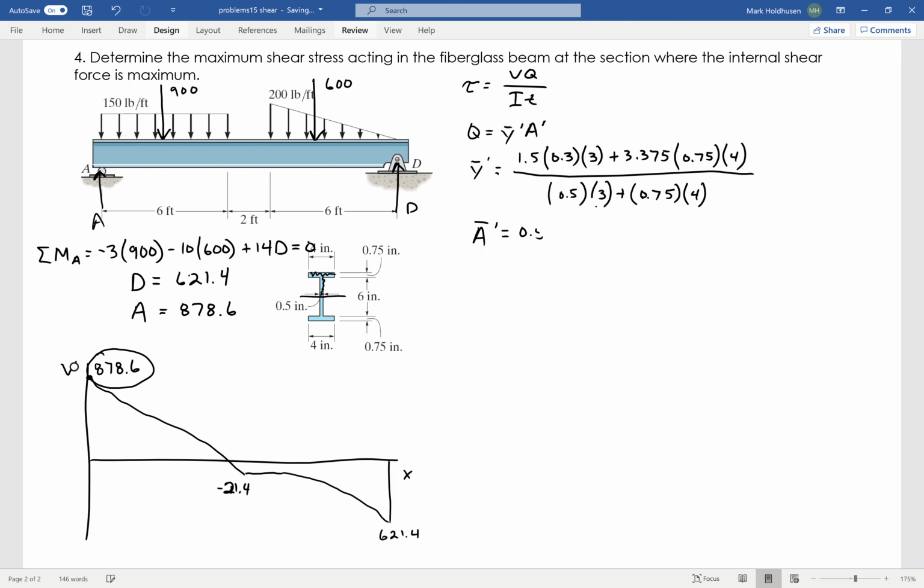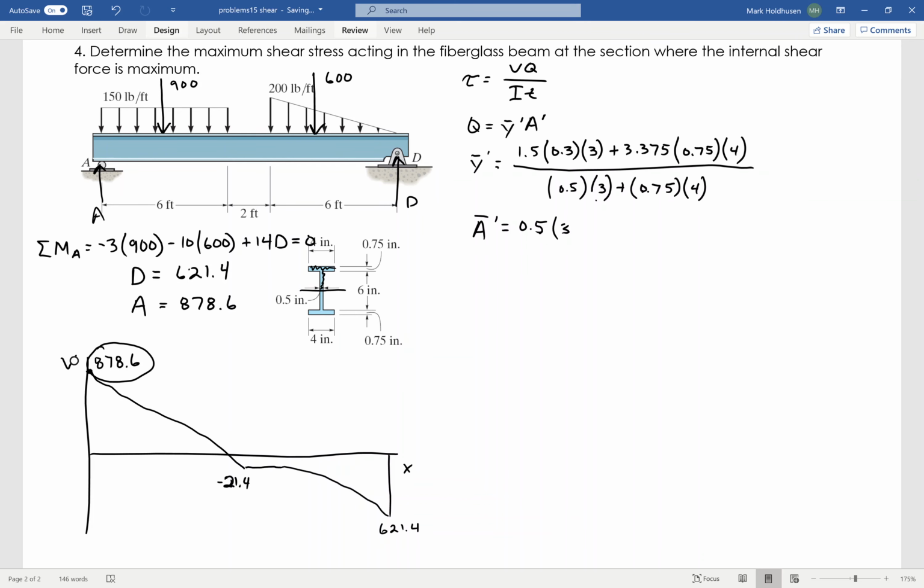So then the total area of that T would be 0.5 times 3, and then plus 0.75 times 4. That should be a 4. And again, I don't have these exact numbers, but I do know when you add them together that you get 12.375 for Q. So I'll let you do the calculations on your own and prove that to yourself.